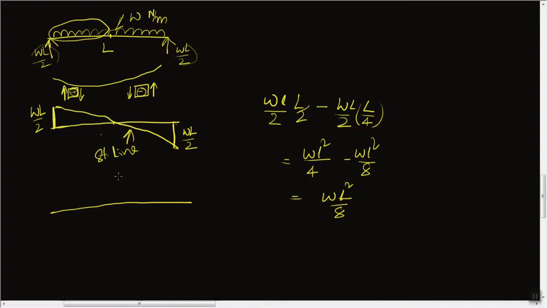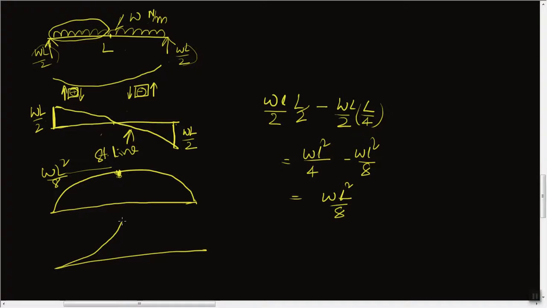That is the maximum bending moment here, and these two points will be joined by a parabola like this, with maximum magnitude WL square by 8.